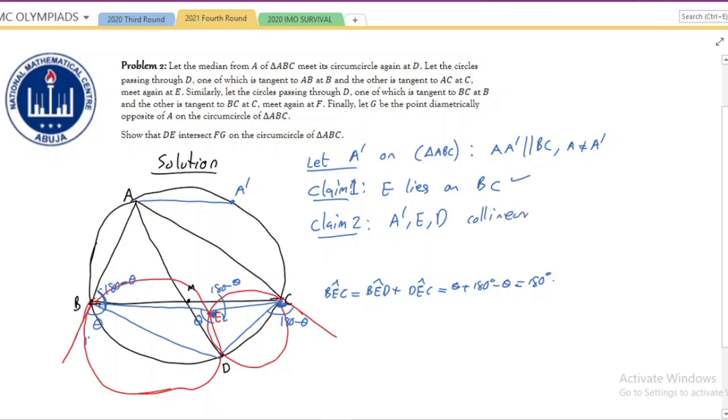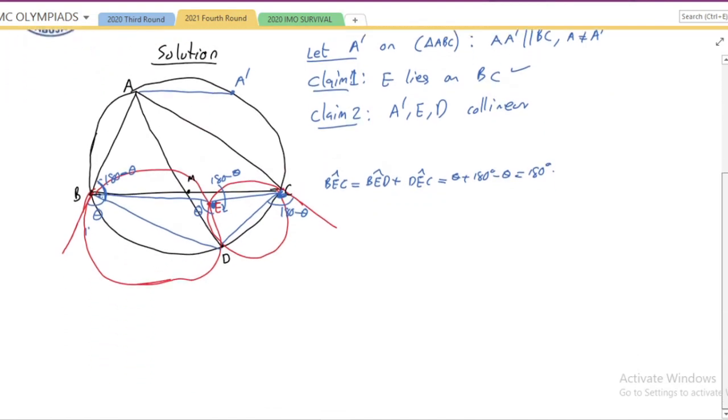So meaning if you extend the line DE, it should pass through A prime. Of course, it might not look like that in the diagram. So I'm just going to resketch this. So we have, first of all, a circle.